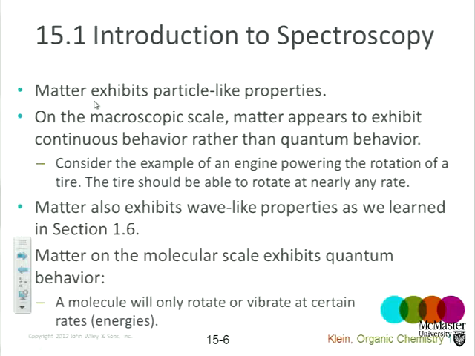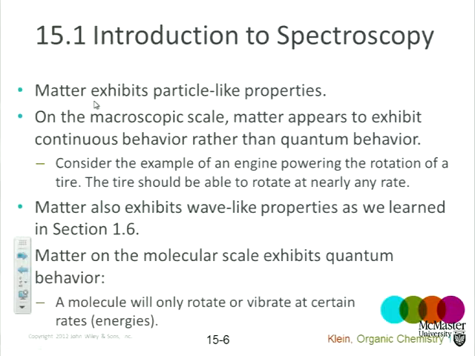If you excite the electrons in a carbon-carbon bond or a carbon-hydrogen bond, you can make them jump from the bonding molecular orbital to the anti-bonding one, but you can't make them hop somewhere in between. So they're quantized, right? We only have one type of transition that is possible for those electrons, and it requires absorption of exactly the right amount of energy.